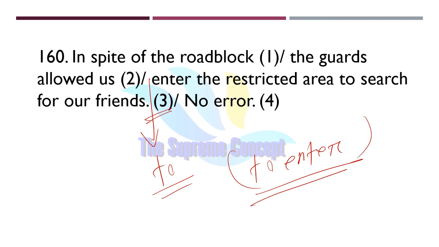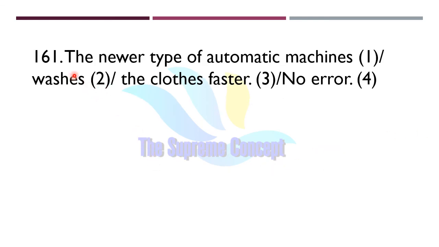So let's move on. Question number 161. The newer type of automatic machines washes the clothes faster. Find out where the error lies in this sentence. Yes, absolutely. Error lies in part number 1. Instead of newer, we will simply use new, or latest.